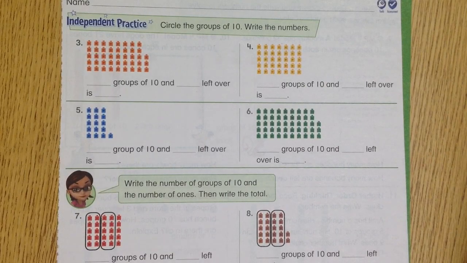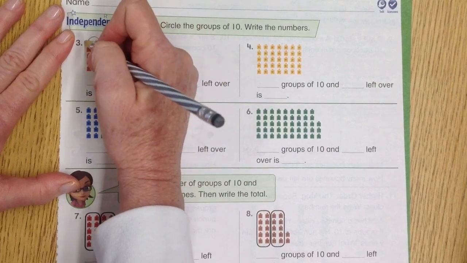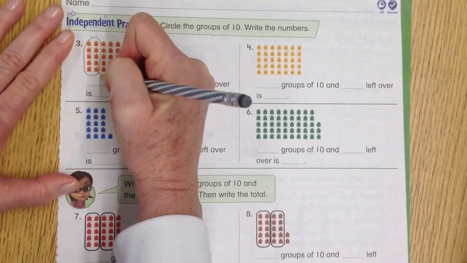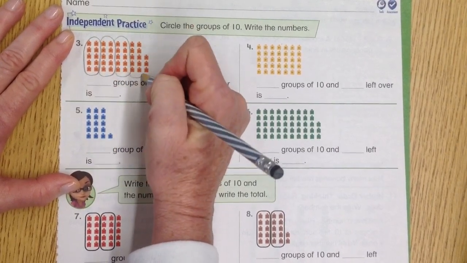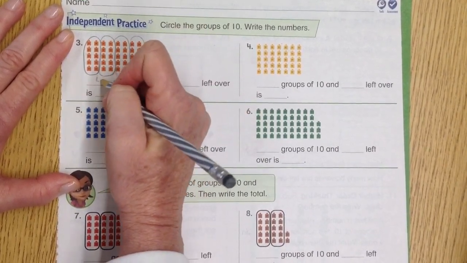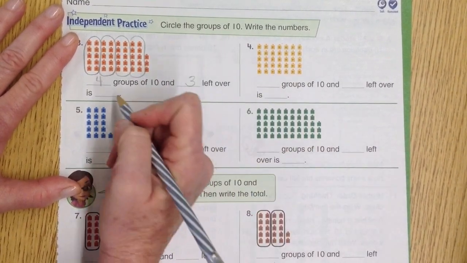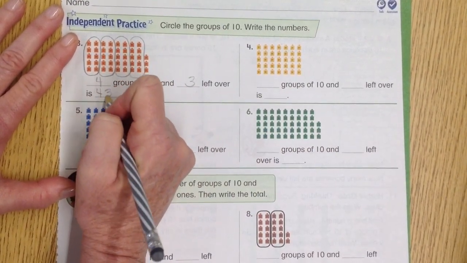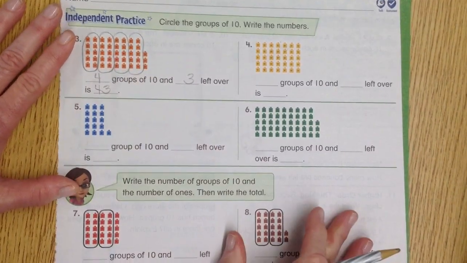All right, since you've already found the answers, I'm going to do this very quickly. I'm going to circle my groups of 10. There's 1, 2, 3, 4 groups of 10, and 1, 2, 3 left over for the number 43. 10, 20, 30, 40, 1, 2, 3.